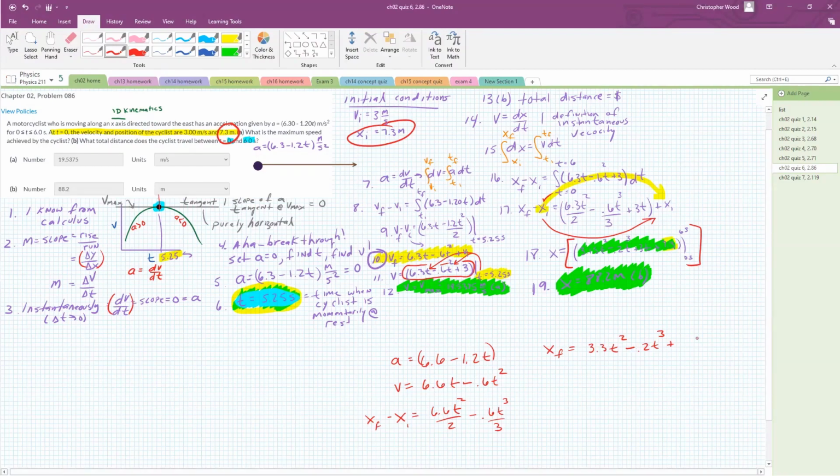All right, so this is 3.3t squared minus 0.2t cubed plus 2.8t. I forgot a term here, didn't I?